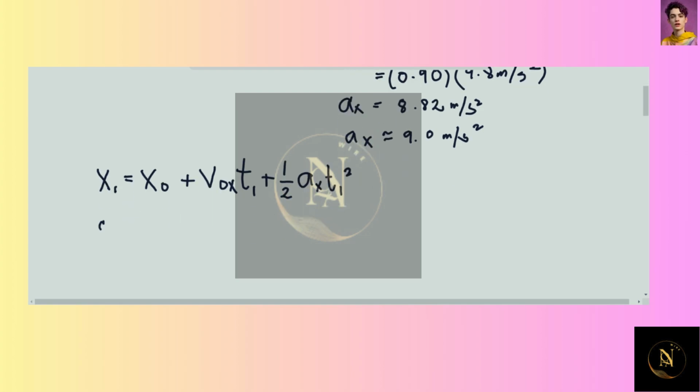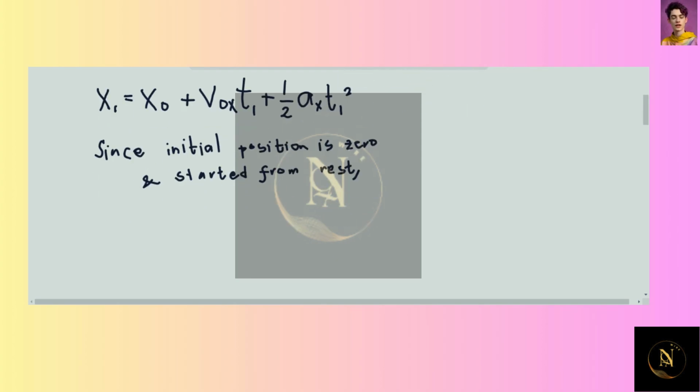Note that the initial position of the man is 0, and the man started from rest, then x sub naught is equal to 0, and v sub naught x is also equal to 0.